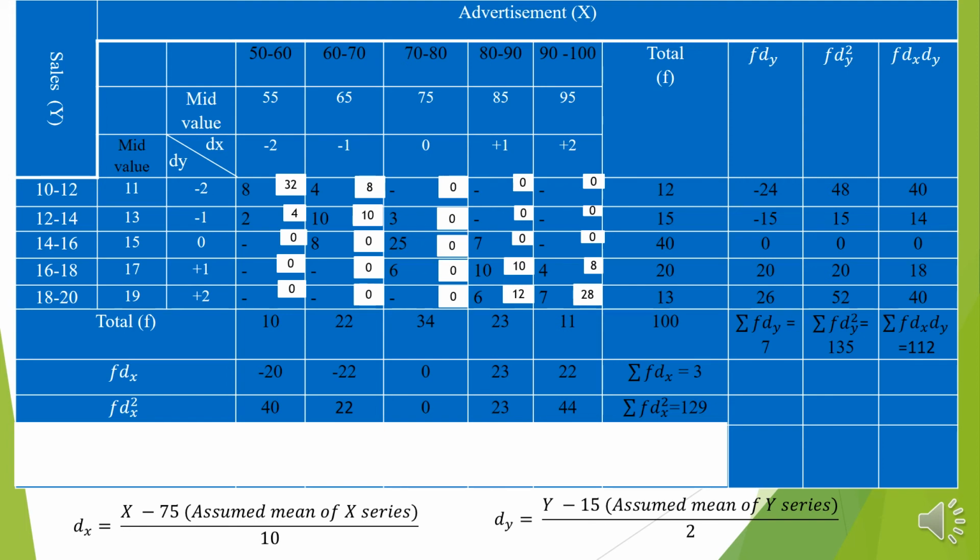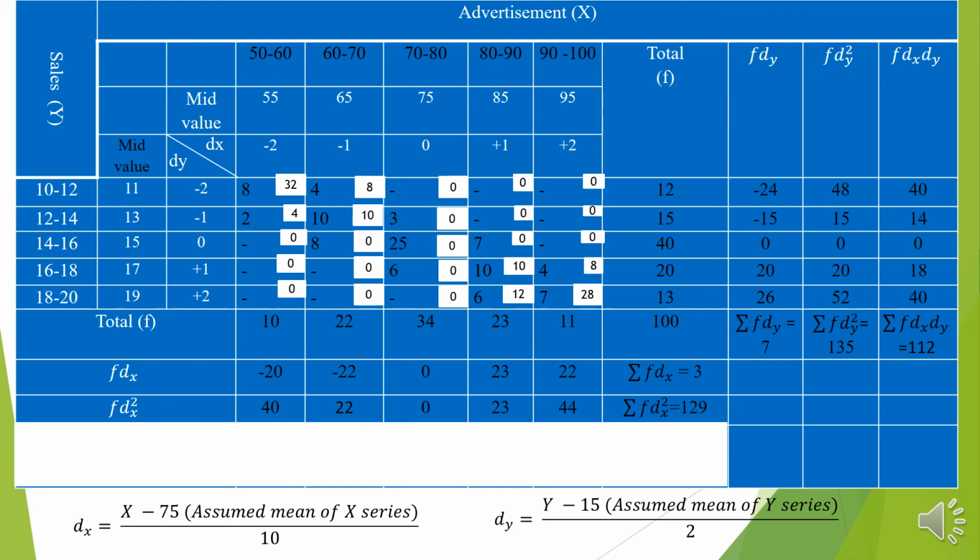Now this row should be 0 because all the corner values are 0. Then the next one, 6 plus 10, 16. Here 10 plus 8, 18, and the last one 12 plus 28, it is 40.